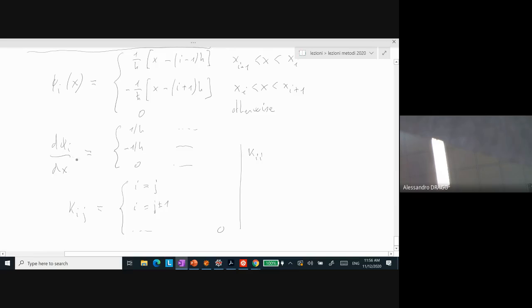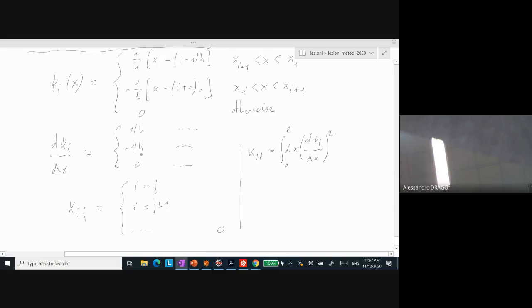So for K ii, we have to compute the integral between 0 and L, in principle, of k of x, that is 1, times the derivative d phi of x over dx squared. So this is just the integral between 0 and L, dx, of (d phi over dx) squared. The derivative squared is 1 over h squared in all the interval where it is not 0.